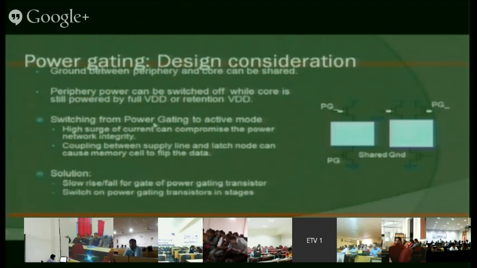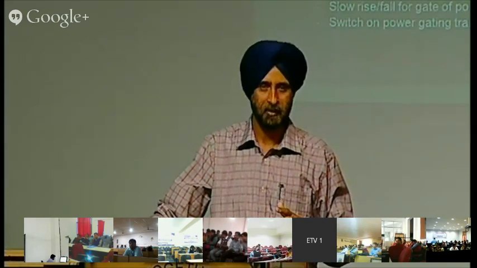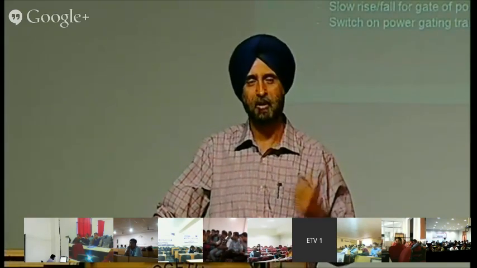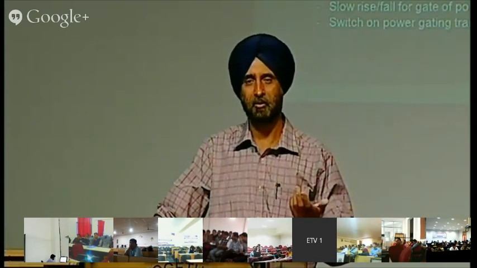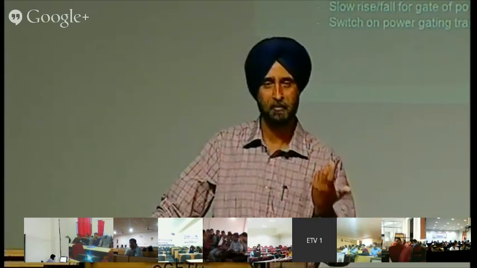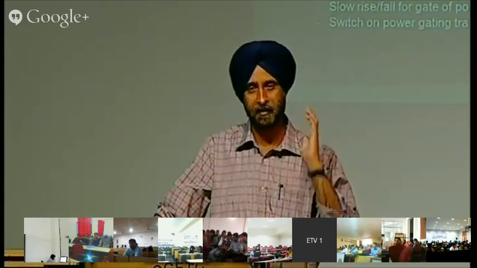Now you see here the transistors which are being used for power gating have to be designed very carefully, because those transistors need to be very fast. They are responsible for giving the signals to the peripheral or the core, when to become up, when to become down. It cannot be delayed, it has to be very fast.